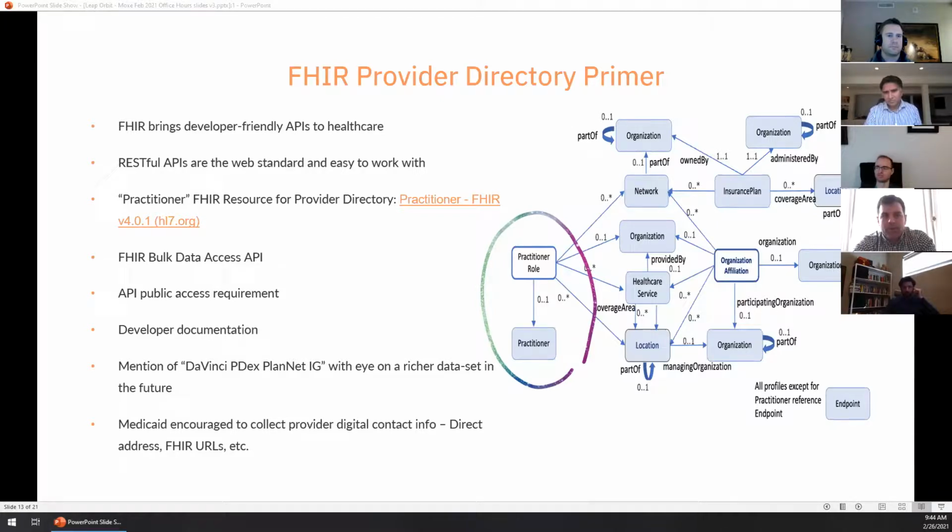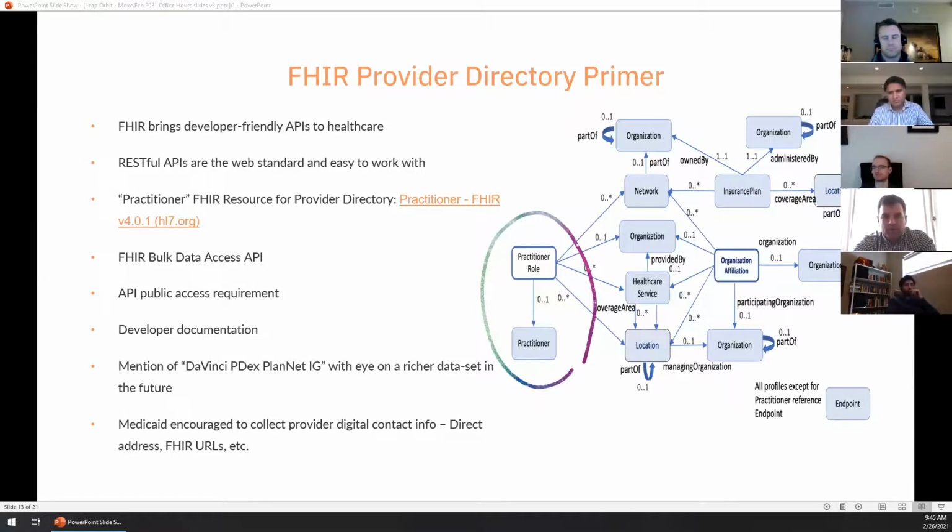So the provider directory requirement right now is focused on practitioners, so individual providers, and what it says is you've got to expose an API that will return a practitioner, the practitioner type, their specialty, their address, their phone number, and that's essentially it. Plus also a bulk endpoint where someone could request essentially a download of your entire network file.